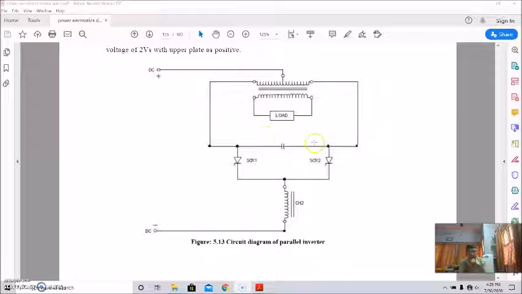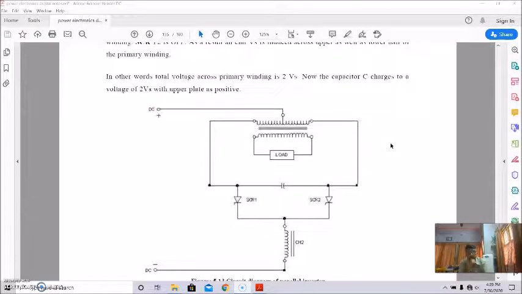That's why it is called a parallel inverter. So this is the circuit diagram, see it very clearly. This is the transformer. This is the load. The load is connected to the secondary of the transformer, and this capacitor is connected in parallel with this load via this transformer. So that's why it is a parallel inverter.